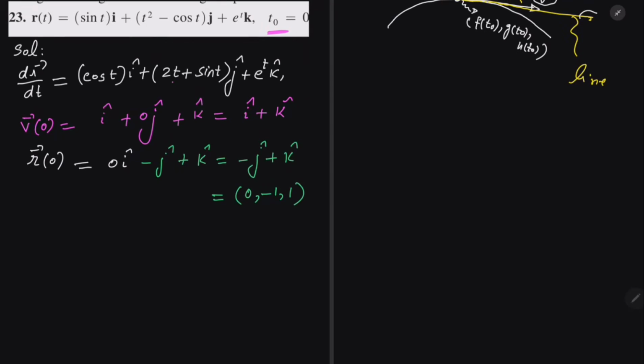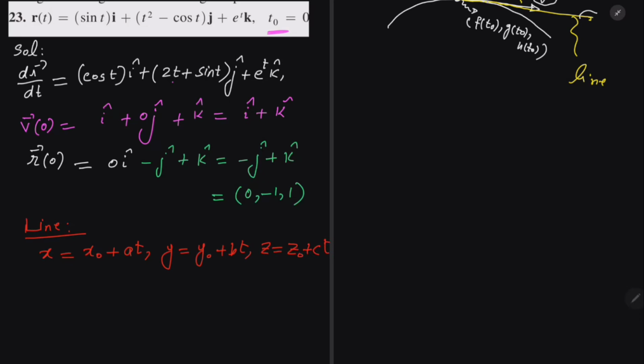The last thing we need to understand is the parametric equation of a line. The line can be written as x equals x naught plus at, y equals y naught plus bt, z equals z naught plus ct.